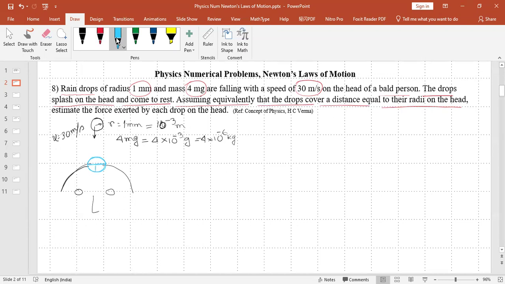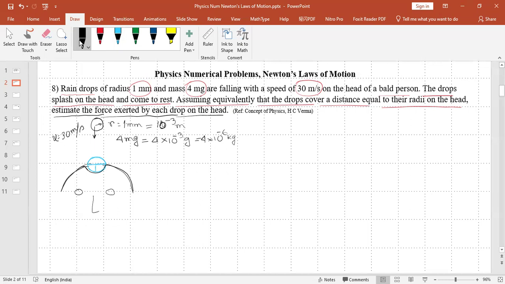So half of the raindrop goes in, that means a dimple is created on the bald head and the raindrop goes into this. So obviously this will create a force on the head. So they want you to estimate the force exerted by each drop on the head.